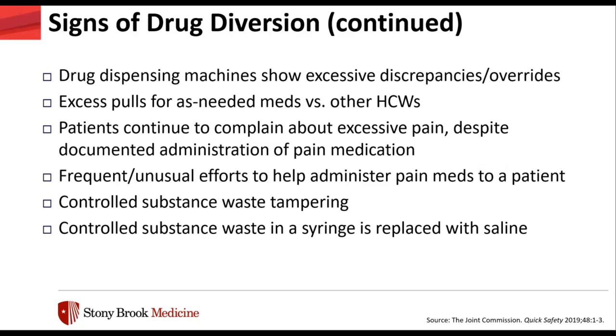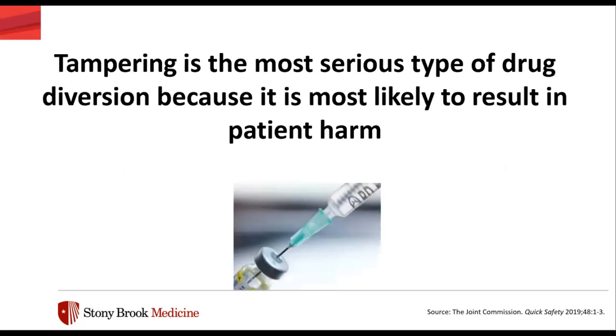If you notice controlled substance tampering, as well as controlled substance waste in a syringe being replaced by saline, these are all signs of drug diversion. And tampering is considered the most serious type of drug diversion because it's most likely to result in patient harm.